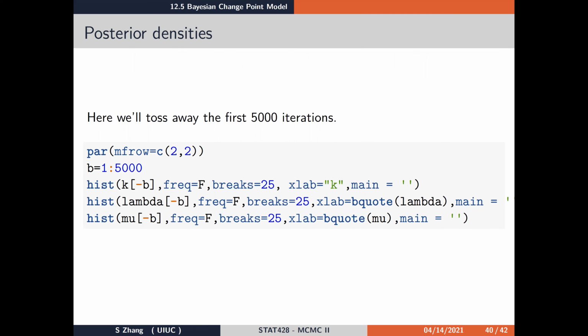Let's take a look at the posterior densities of each of the parameters. Here we will toss away the first 5,000 iterations as burn-in cycles, but the 5,000 is actually quite an arbitrary choice. We'll do histograms of the samples we got, excluding the initial 5,000 iterations, and then freq equals false, indicating we want to take a look at the densities.